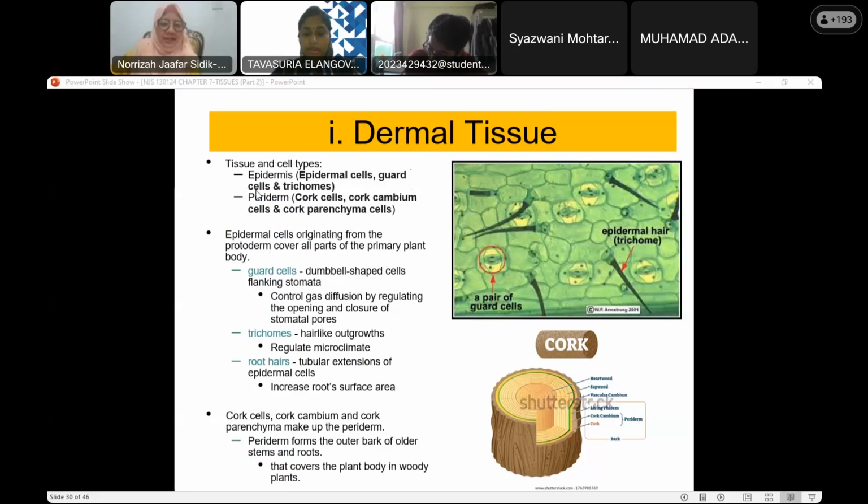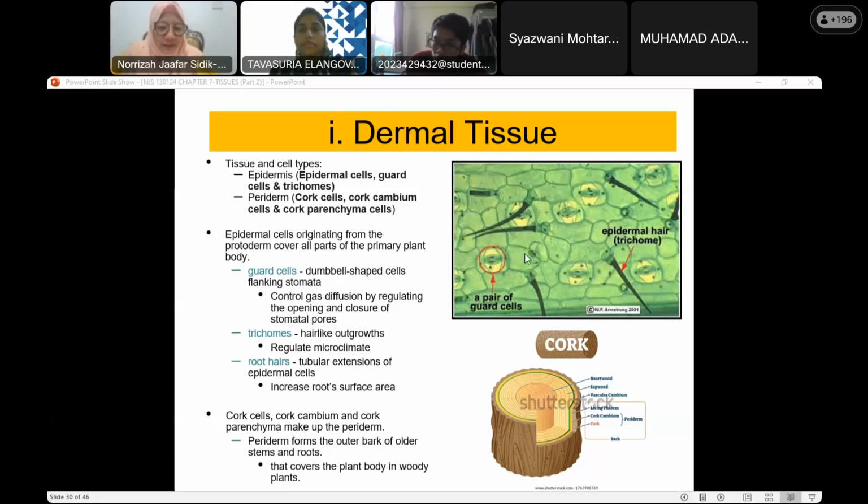Okay, so we go into detail here on the dermal tissues. You can see here the epidermis in the figure, which consists of the epidermal cells, the guard cells, and also the trichomes. Next is the guard cell here.